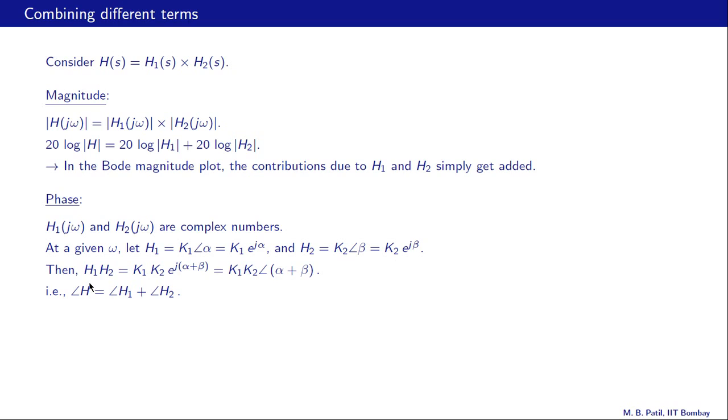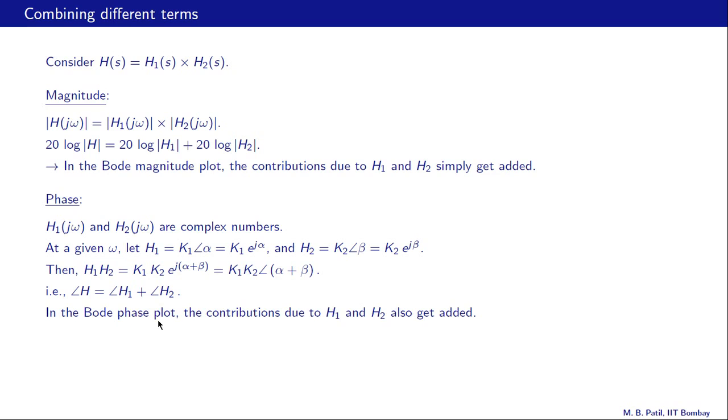That is what we get by multiplying this expression by this expression here. In other words, h1 h2 has an angle of alpha plus beta. That is, the angle of h is simply the angle of h1, which is alpha, plus the angle of h2, which is beta. So that's also very simple.